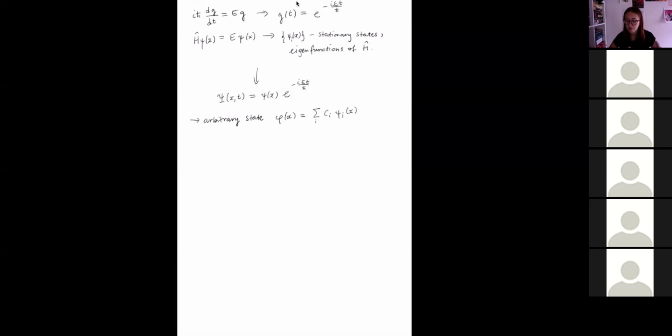Because we know how each of the individual states evolves, and we also know which solution in time each eigenfunction corresponds to, we can directly write its time evolution.